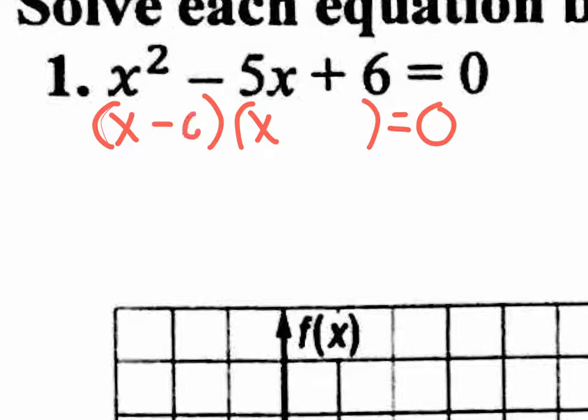That would be a negative 6. Actually, no, that's not it. What is it? 2 times 3. Actually, negative 2 times negative 3.